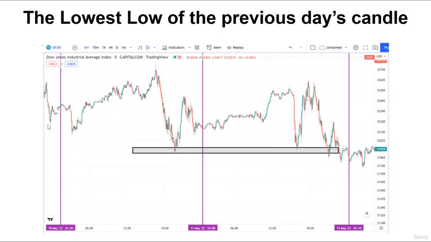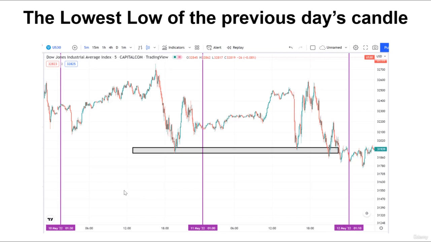I have put a separator on my TradingView, and as you can see, this is May 10th of May 2022, and this is the 11th of May, and this is the 12th of May.